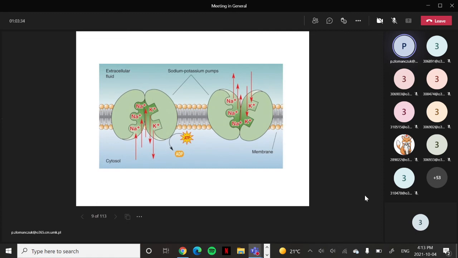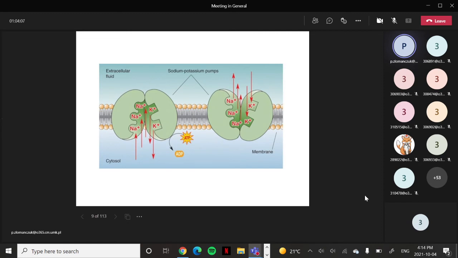are moved in. Of course, we can easily see that the action of the pump is causing a decrease of the density or concentration of sodium ions inside of the cell compared to the outside of the cell. As a result, the concentration of sodium ions outside of the cell is much higher than the concentration of those ions inside of the cell.